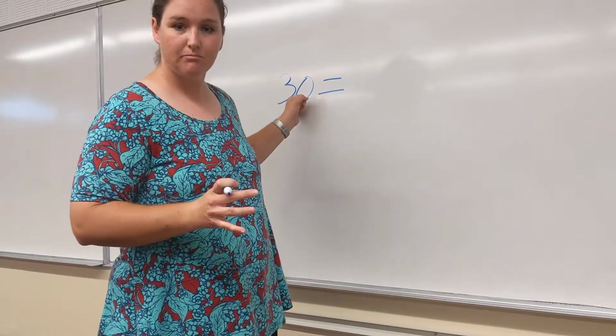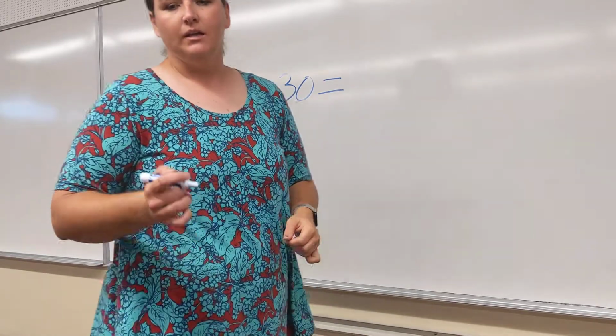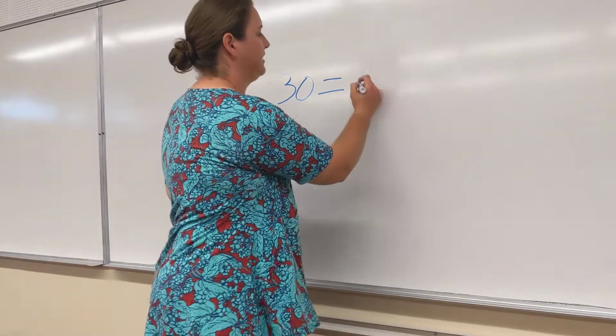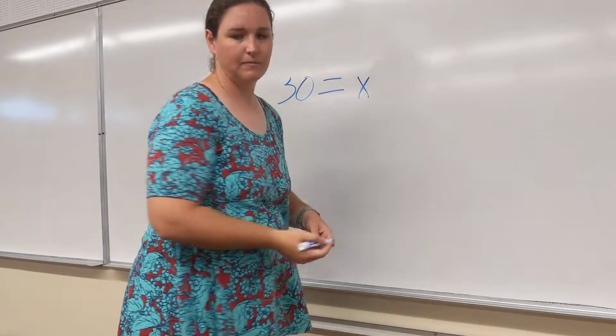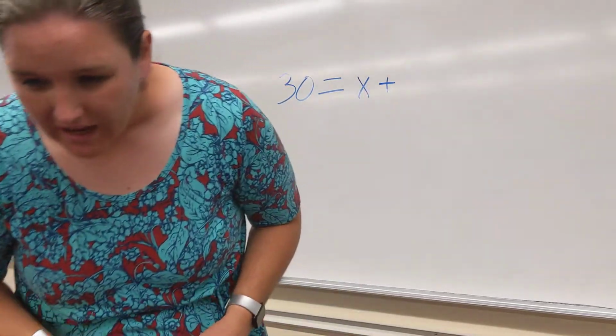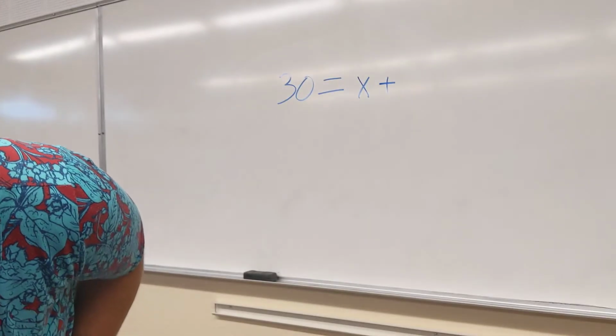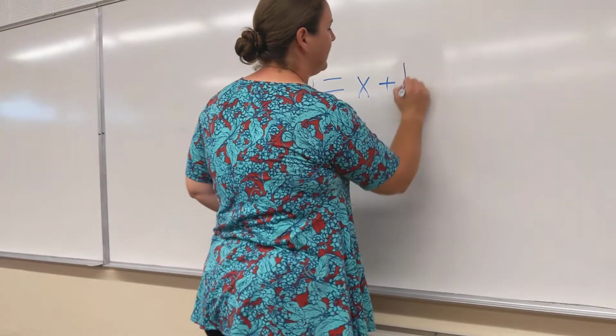So we know that both players are equal. They're both the same. Now we don't know how much is in the chest, so we're going to put an X. And then we add up the other coins. And it looks like 5, 6, 7, 8, 9, 10, 11. You have 11.